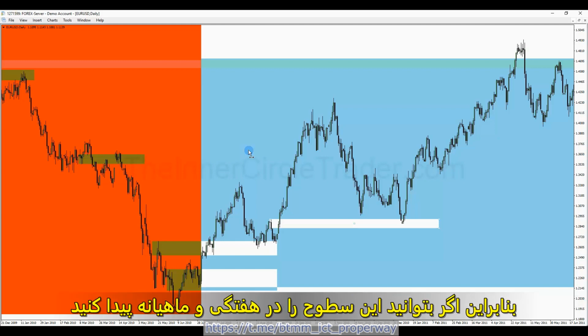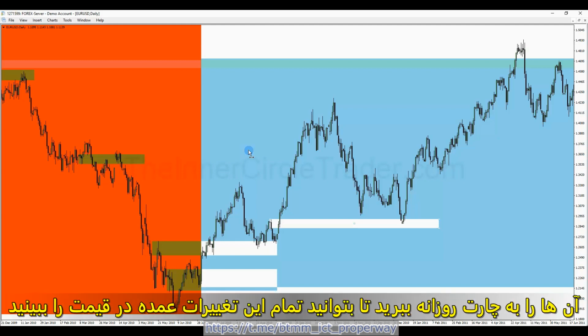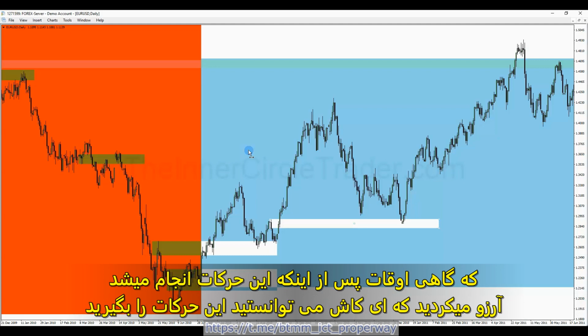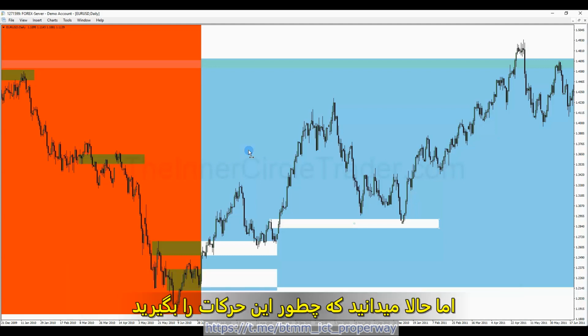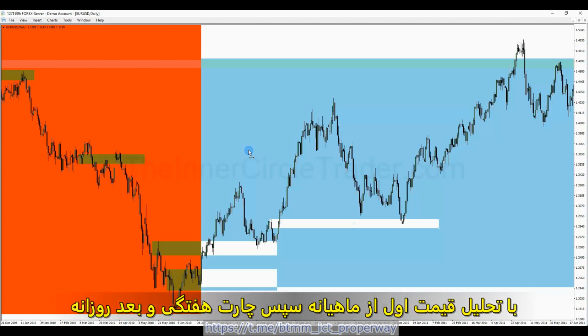So if you can find the levels on the monthly and weekly chart, keep them on your daily chart, you'll be able to see all these major shifts in price that sometimes jump off at you after the fact, and you wish you would have known they were coming. Now you know how to see them by transposing them from the monthly, the weekly, into your daily chart.